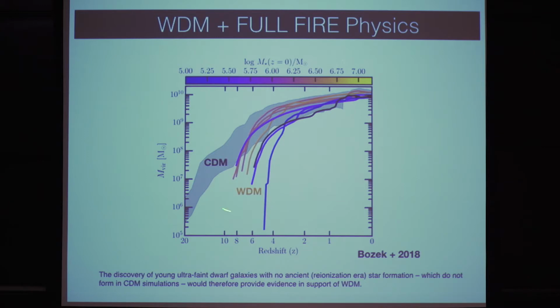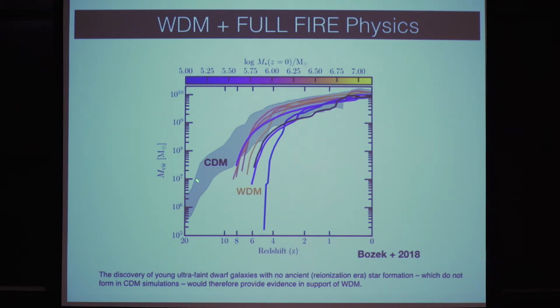So what's shown here is the mass growth in CDM, and this is the mass growth in warm dark matter. And in warm dark matter, these galaxies just form later. These same halos, same initial conditions, basically same random seeds, they basically existed at redshift 10. Whereas these warm dark matter dwarf galaxies did not exist at redshift 10. They just hadn't grown there yet.